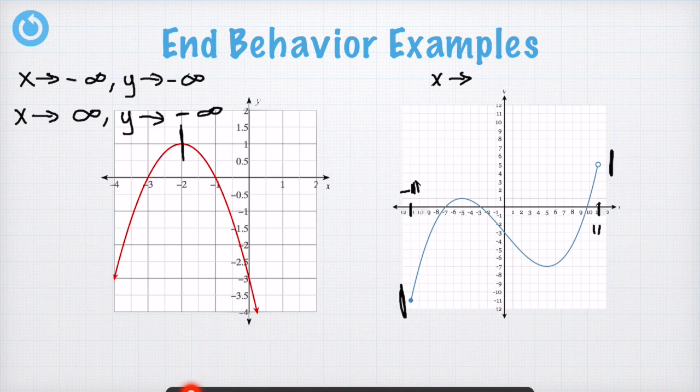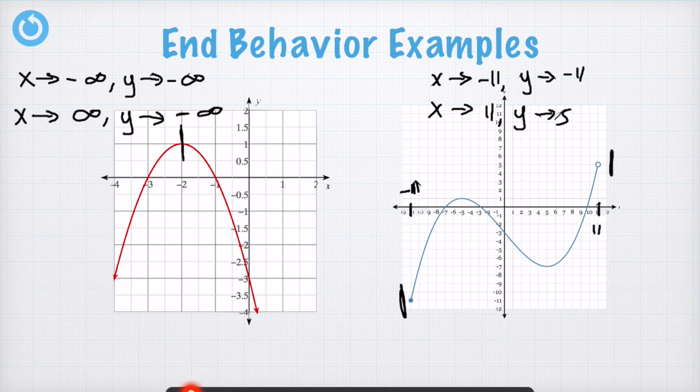Well, it kind of gets close to negative 11. So as x goes to negative 11, our y is going to get close to negative 11. And as x goes to positive 11, what happens? Well, our y gets really close to 5. So y goes to 5.